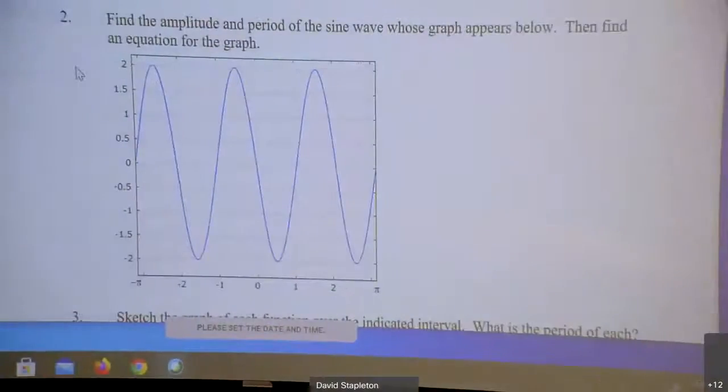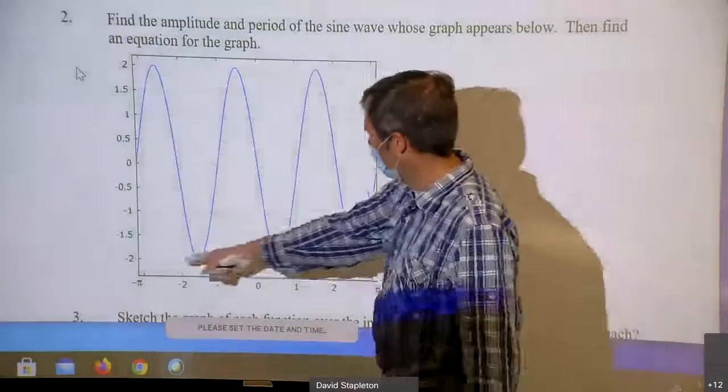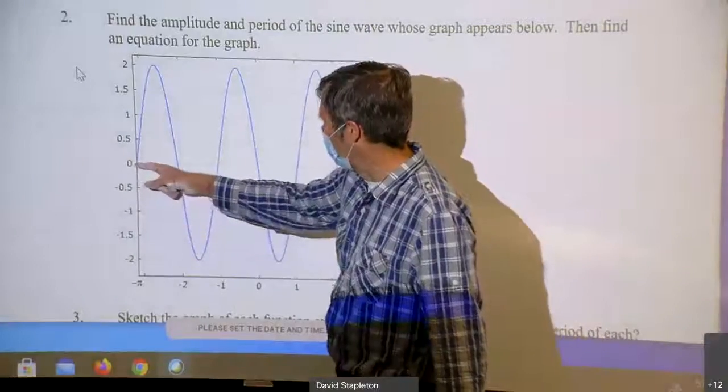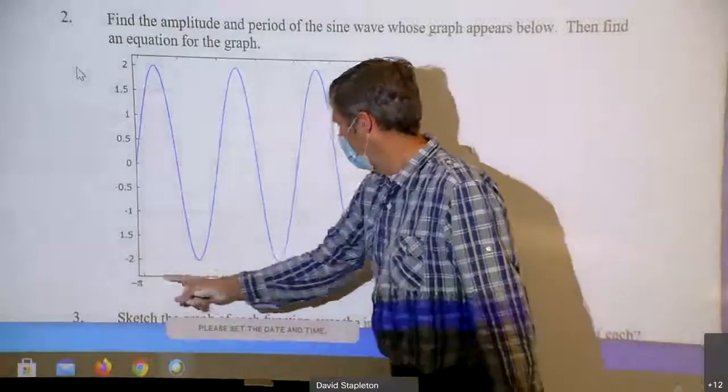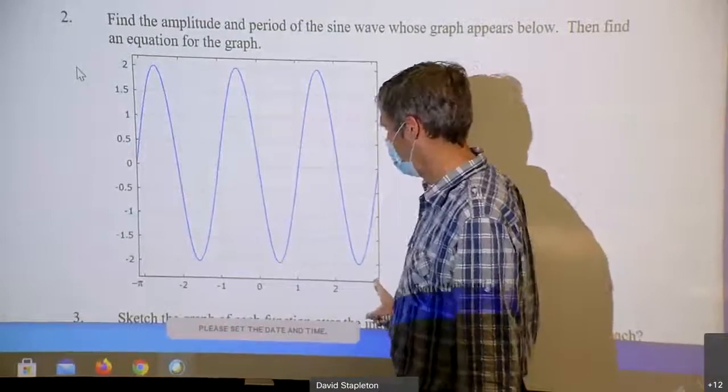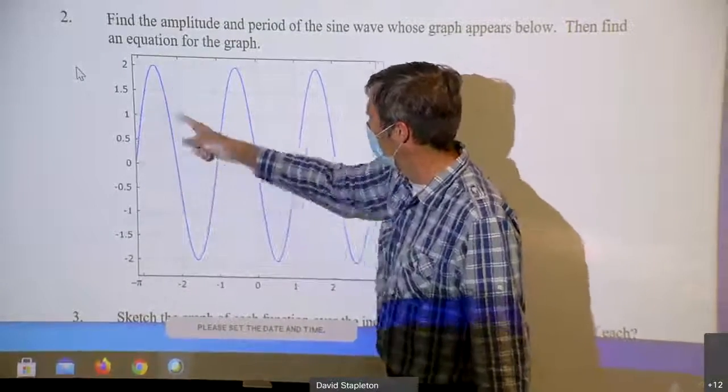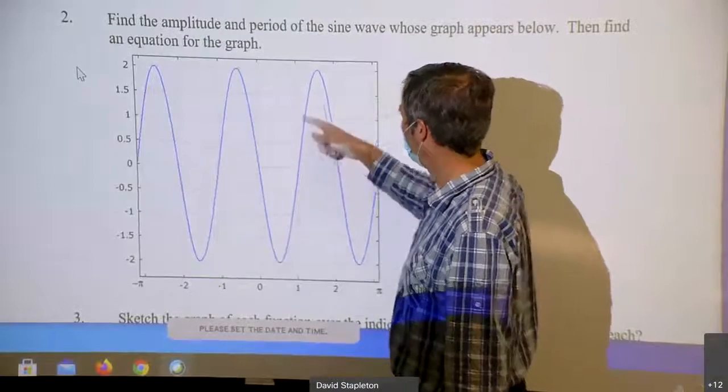Oh, from the graph, let me put it back. It's sneaky on this one. I may not throw such a curveball on the test, I don't know, but what I did was I said, if you start at minus pi, the edge of the graph, it's right on the midline, and it finishes right here at pi. So it's 1 pi, 2 pi is how far it goes in x, and during that time you go 1, 2, 3 periods.